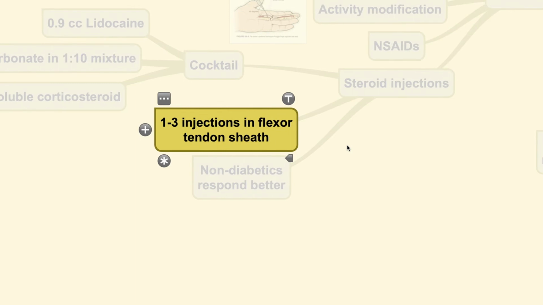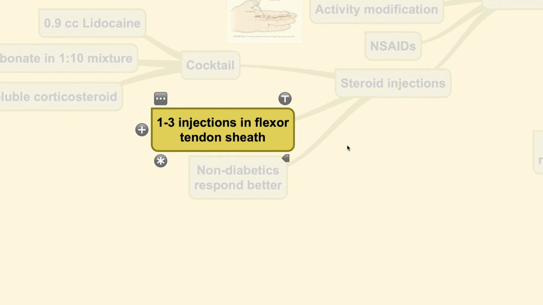We must also pay attention that injections in the flexor tendon sheath may be done 1 to 3 times, but once again, there must be intervals between these injections, because frequent injection using corticosteroid will induce spontaneous tendon rupture, which is found in several articles or several journals that have been published by various authors.